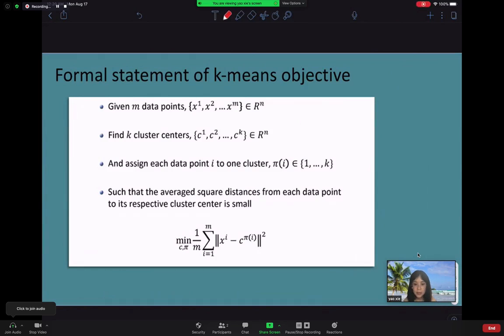As you can see, this optimization problem involves two things that we want to minimize. One is the pi, the assignment function, and the other is the c, the centroids. That's why we have these two steps in each iteration. We're adjusting the assignment function and also the centers, the centroids. The objective function is defined as the sum of the squared L2 distance here.